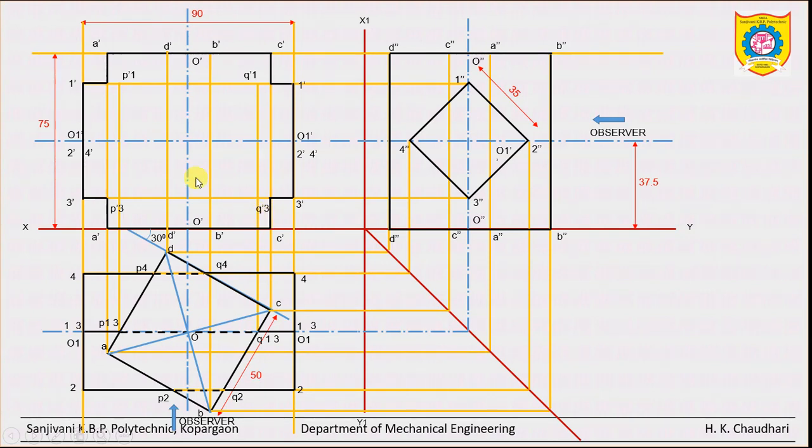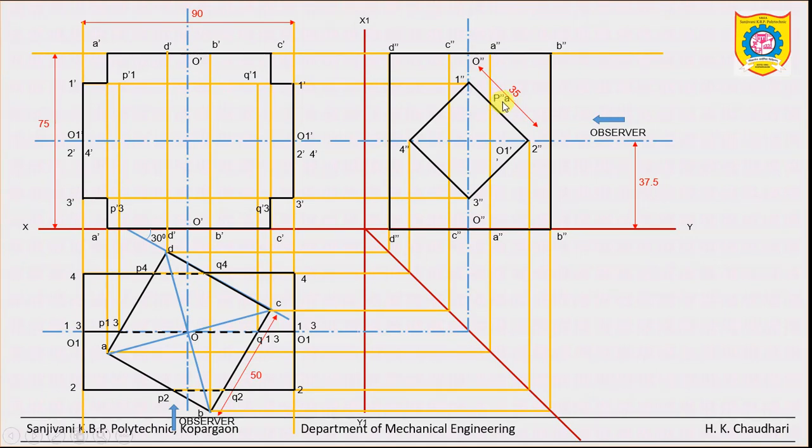Okay, now see, to locate the other points, which point now? See, first of all, just mark the point of intersection of this edge number A in the side view with these rectangular faces 1, 2 and 2, 3. So this point is PA.